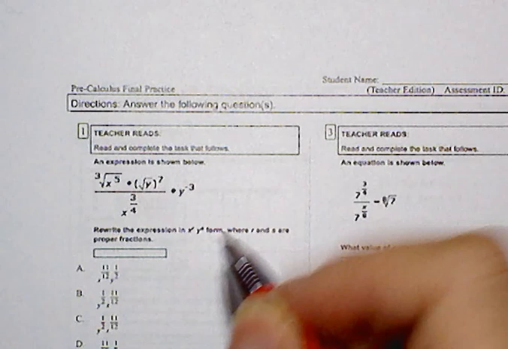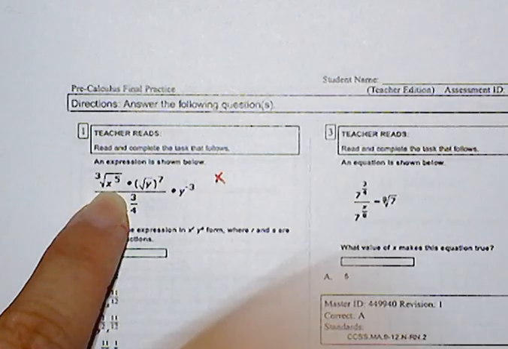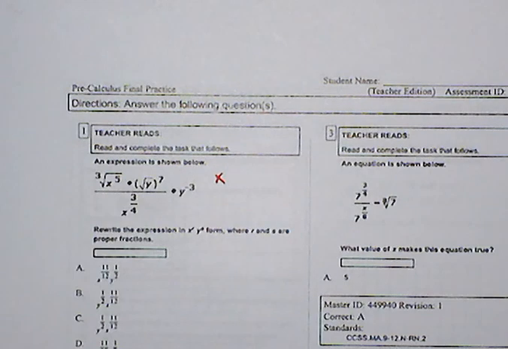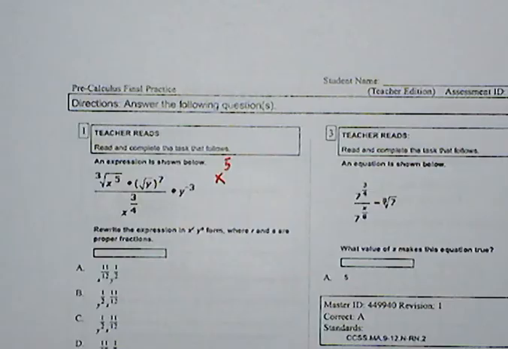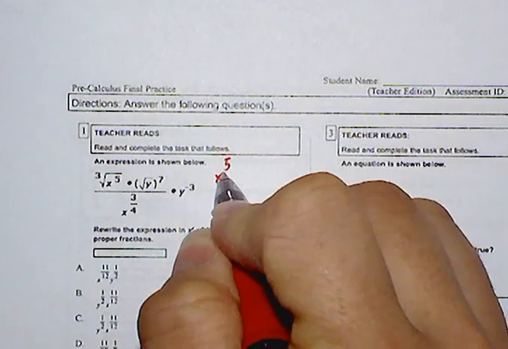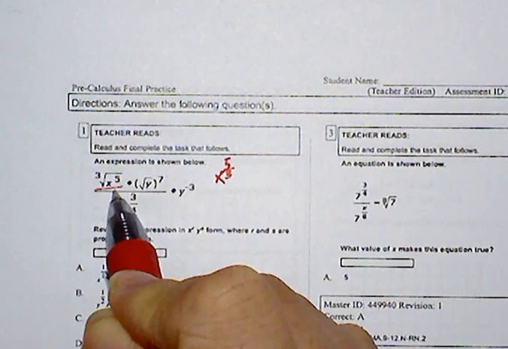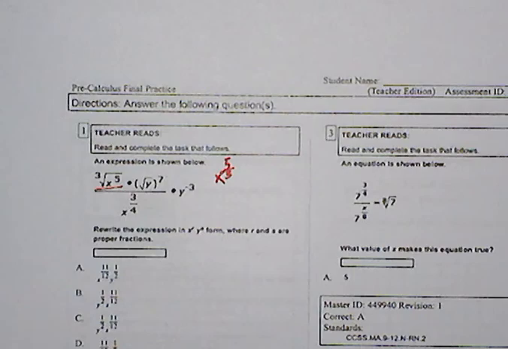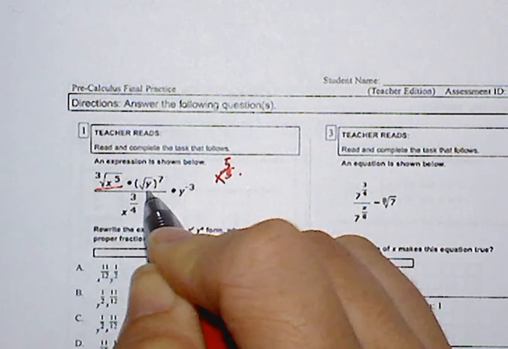But here we go. What is x to the 5, the cubed root of x to the 5th? It's x to the 5th, but what is the cubed root? It's the 1/3 exponent, right? So this is x to the 5 over 3. Do you guys see that? Times the square root of y.